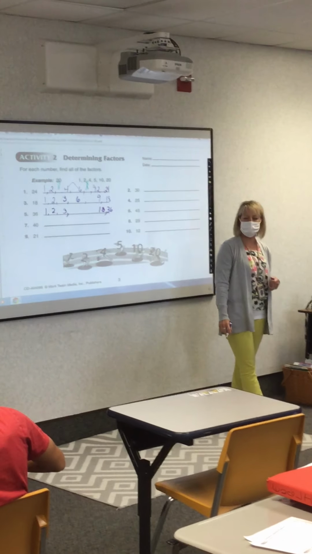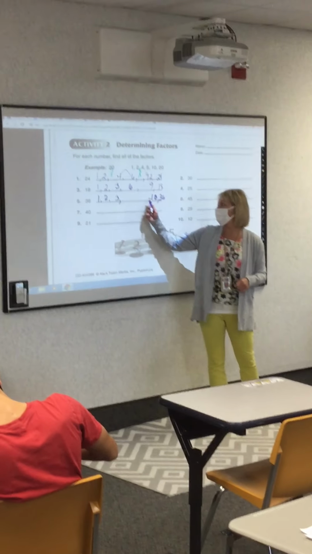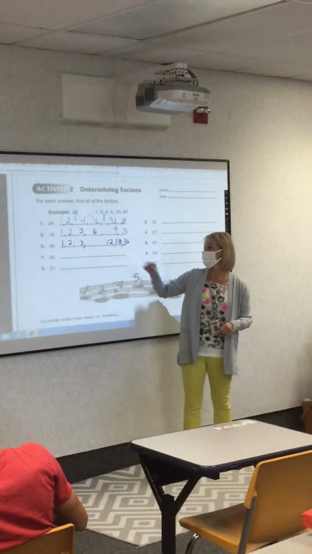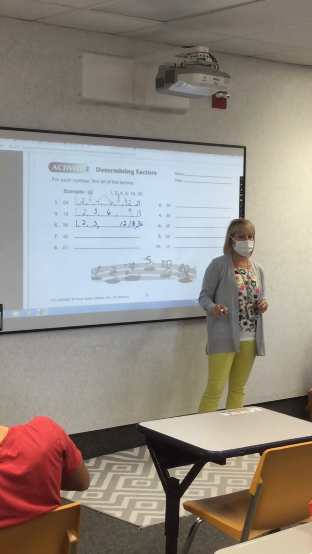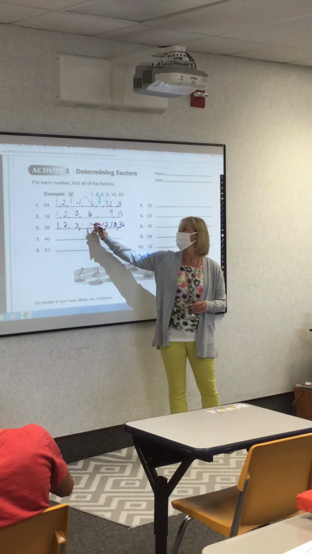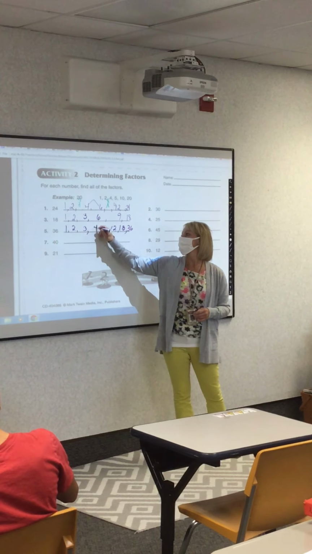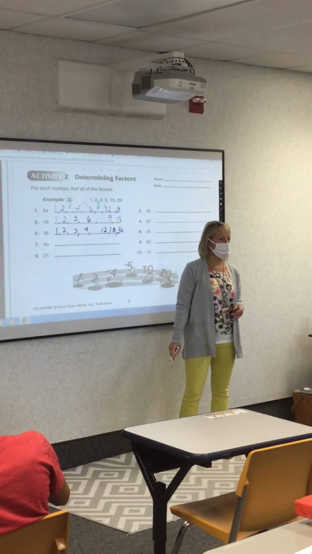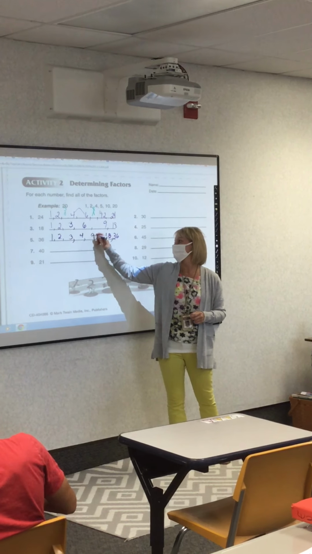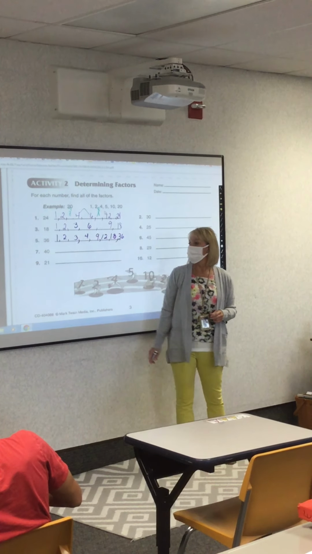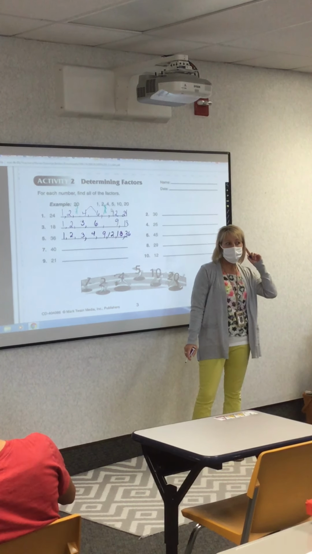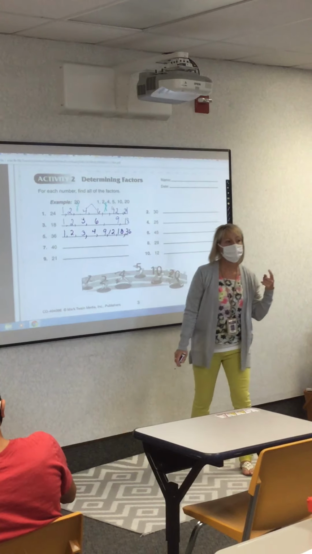I make mistakes too, because I'm like, wait a minute, if I have it by 12, it couldn't be by 13. What's next? 4 and 9. And then what's my last one? Say it louder. 6.